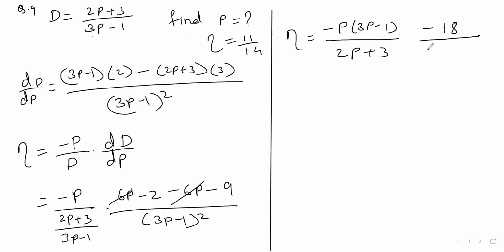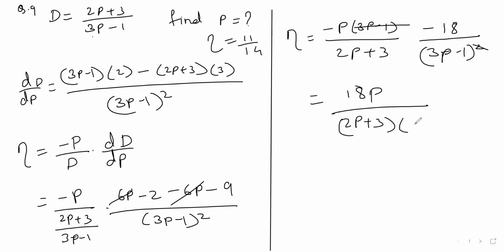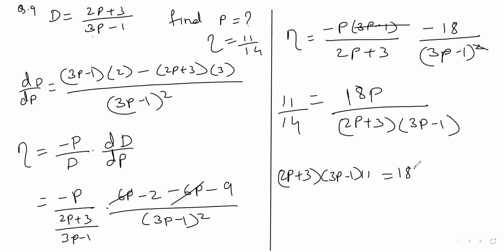This will be minus 18, (3P minus 1) square. This is plus plus minus minus plus, so it is 18P upon (2P plus 3)(3P minus 1). This is your elasticity function. So far only the function has come. Now they have said that if the elasticity is 11/14, what is the value of P? So let us cross multiply. So (2P plus 3)(3P minus 1) into 11 is equal to 18P into 14.